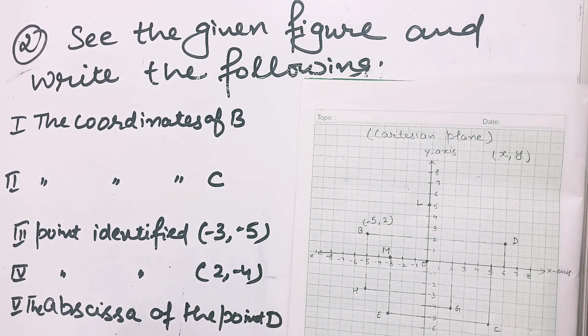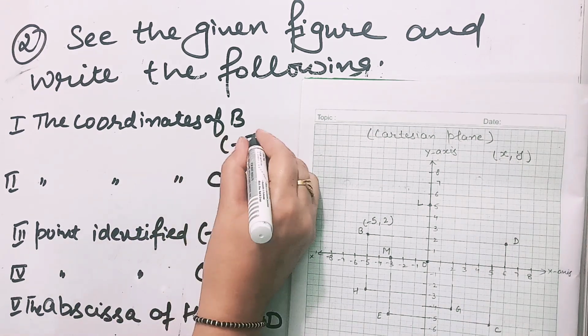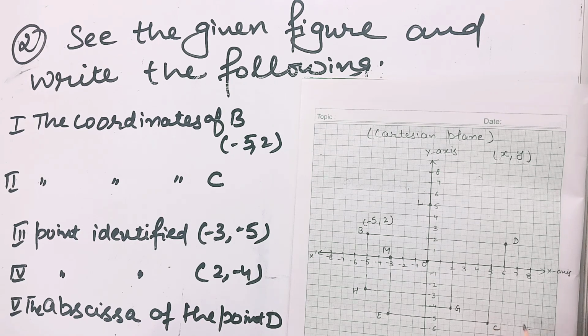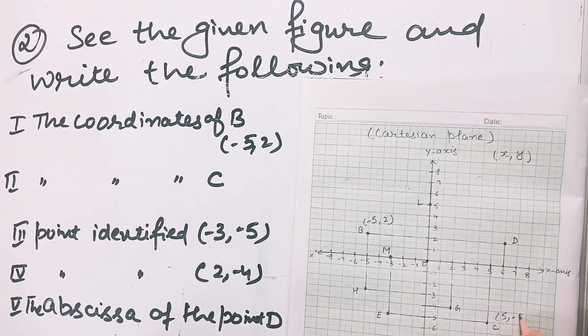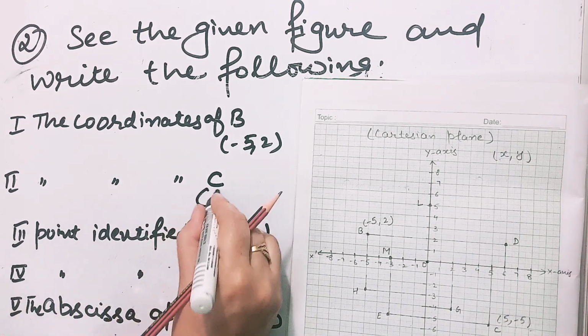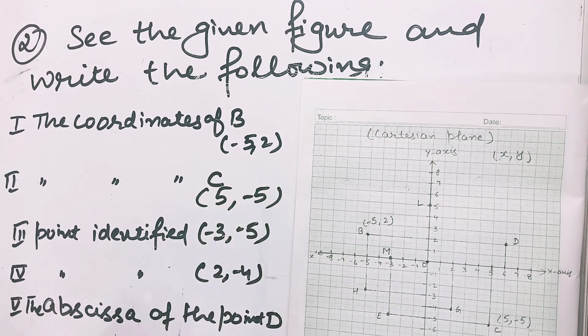So what will be the answer? (-5, 2). X is -5 and y is 2. Now the coordinates of C: x is +5 and y is -5. So the answer will be (5, -5). Now the coordinates are given as (-3, -5).